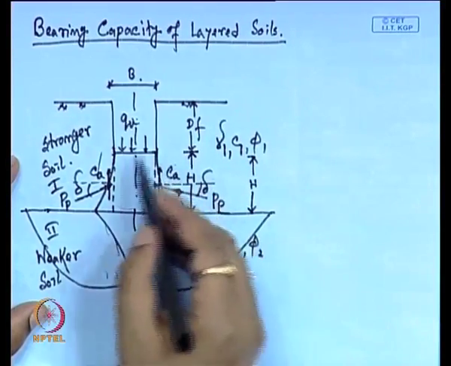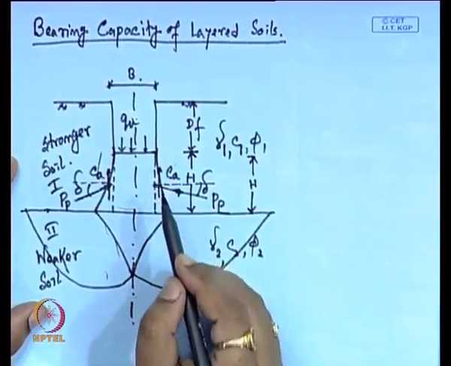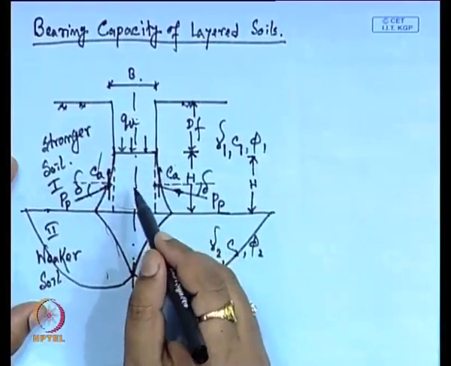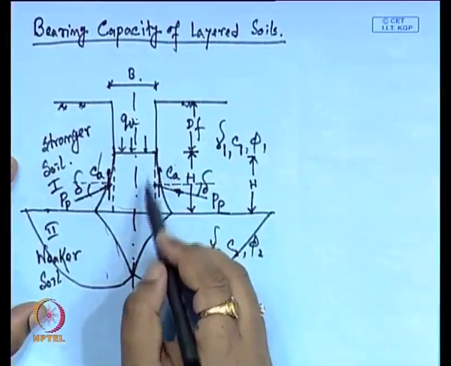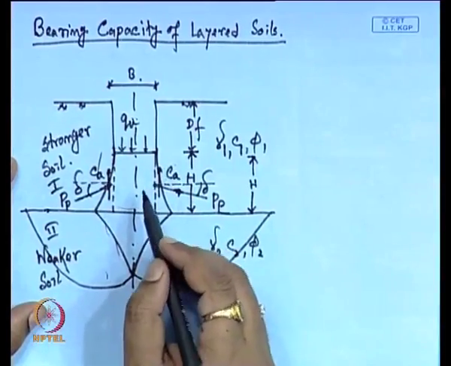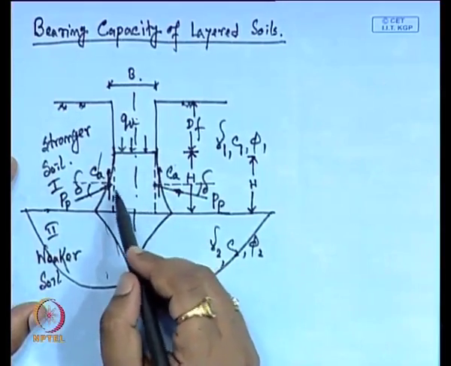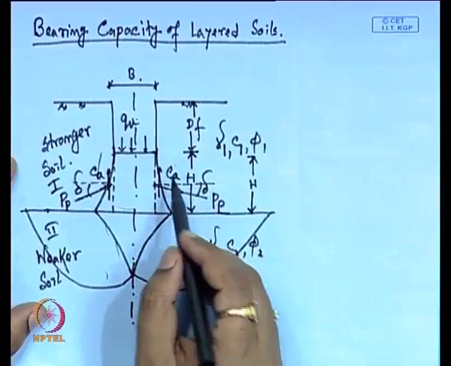So, most of the failure surface will be located in the stronger layer. In that case, the general shear failure expression for homogeneous soil or single layer soil, we can use to determine the bearing capacity of the soil.